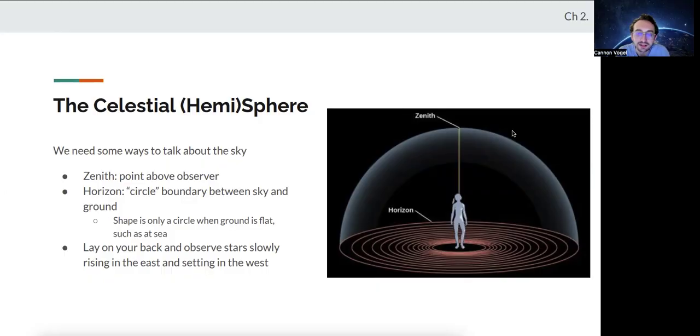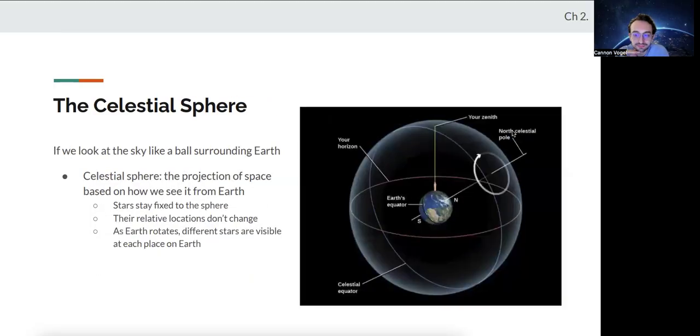If you lie on your back and observe the stars, you'll see the zenith above you, and if you watch for a long time, you'll observe that the stars slowly rotate around the sky, and the point they rotate around will be one of the poles. Since we're in the northern hemisphere, or at least I am, that would be the North Pole. We'll talk more about that a little later.